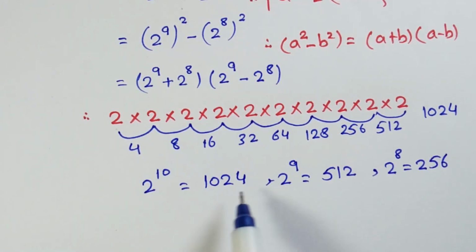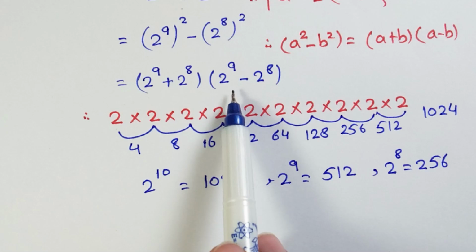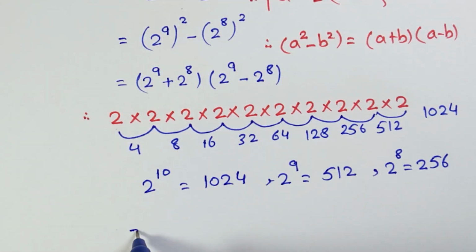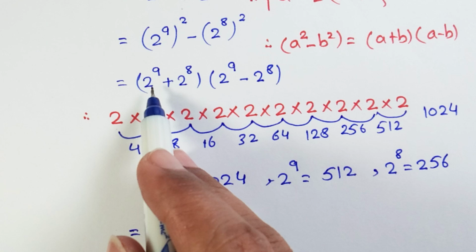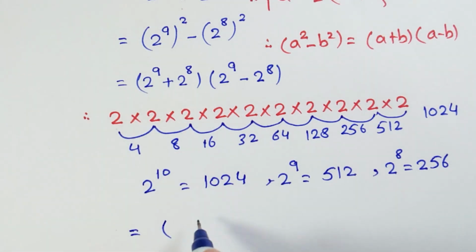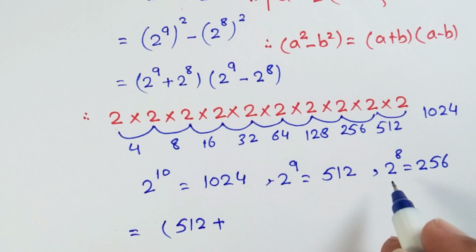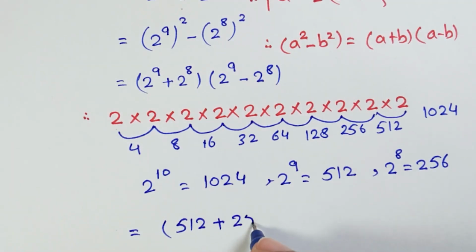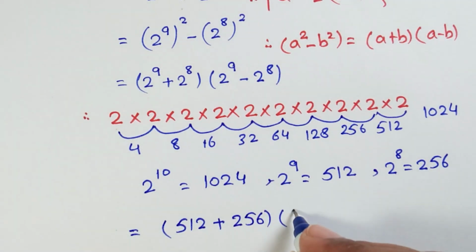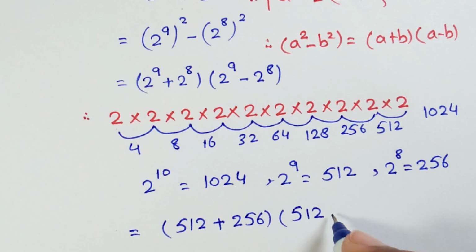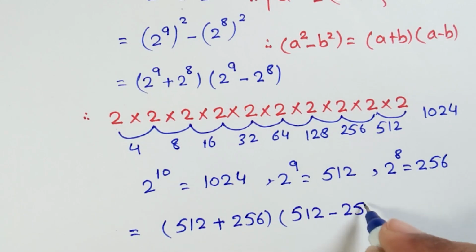So now we will put all of these values in this equation, and we have 2 to the power 9 is 512 plus 2 to the power 8 is 256, times 512 minus 256.